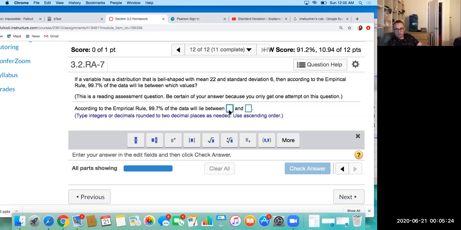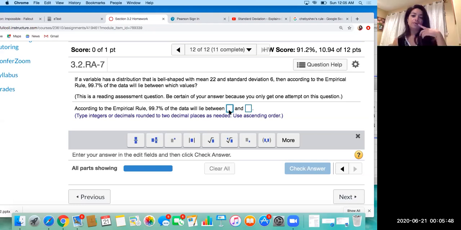The answer is 4 and 40 because you add and subtract 18 to 22. Because 99.7 tells me 3. It's the biggest percentage, so it contains the most data. So it has to be 3 standard deviations out. So I multiply 6 times 3, which is 18.